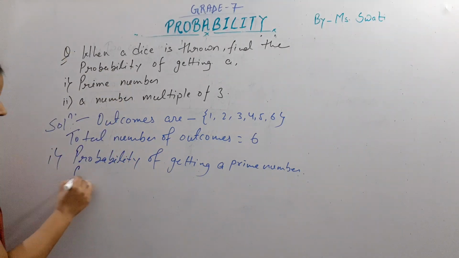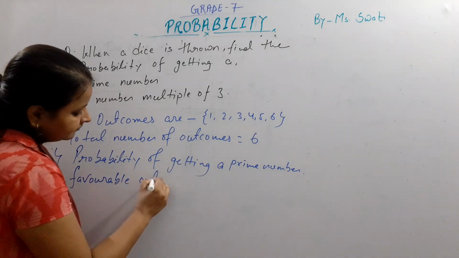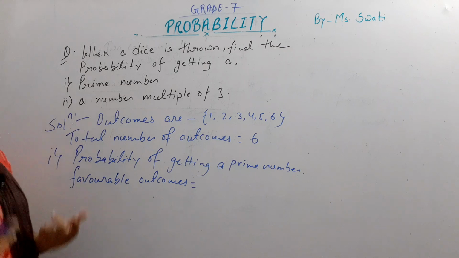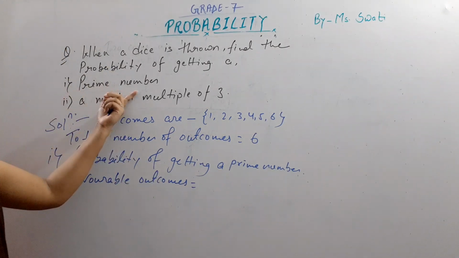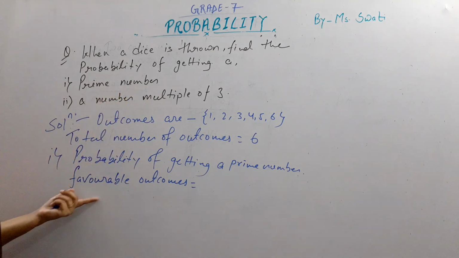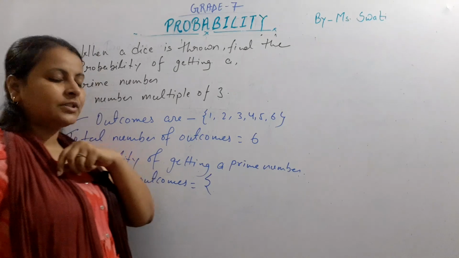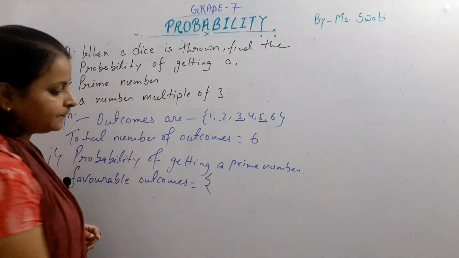It means our favorable outcomes. Student, favorable outcomes means the demand of the question. Here the demand of the question is prime numbers. So favorable outcomes becomes, what are the prime numbers in 1 to 6? Yes, 2, 3 and 5.